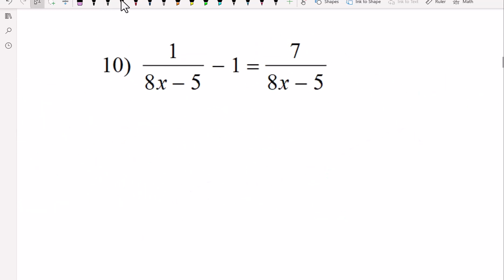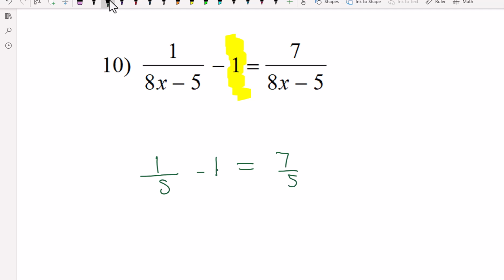So, this one became more complex. So notice, let me give you an example. What if we had 1 over 5 subtract 1 equals 7 over 5?